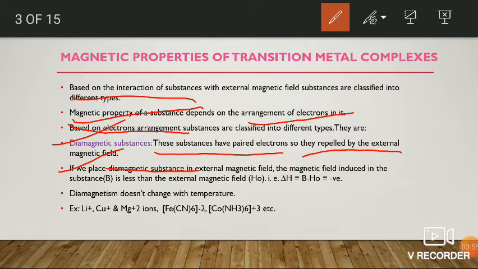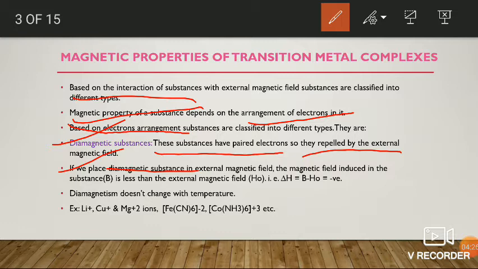Here, the induced magnetic field strength of this substance is always less than the external magnetic field strength.